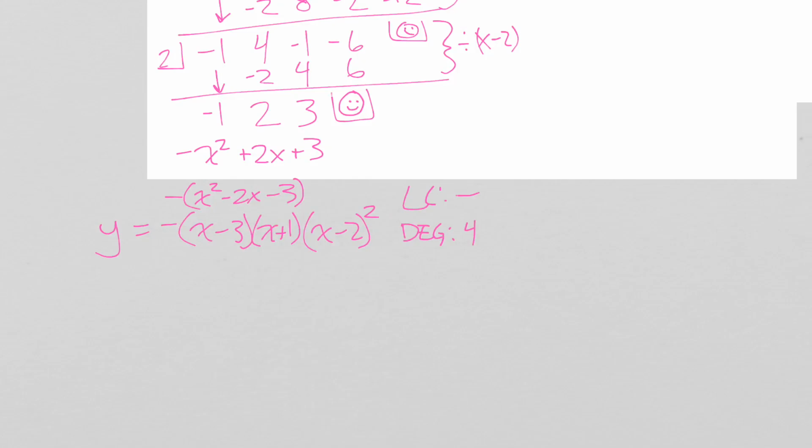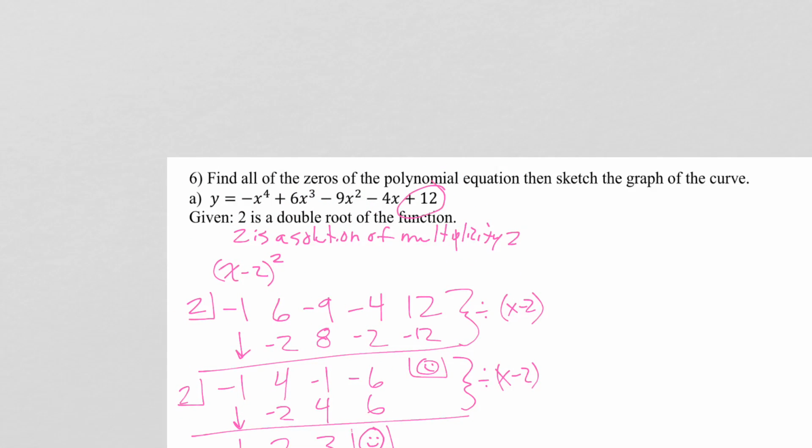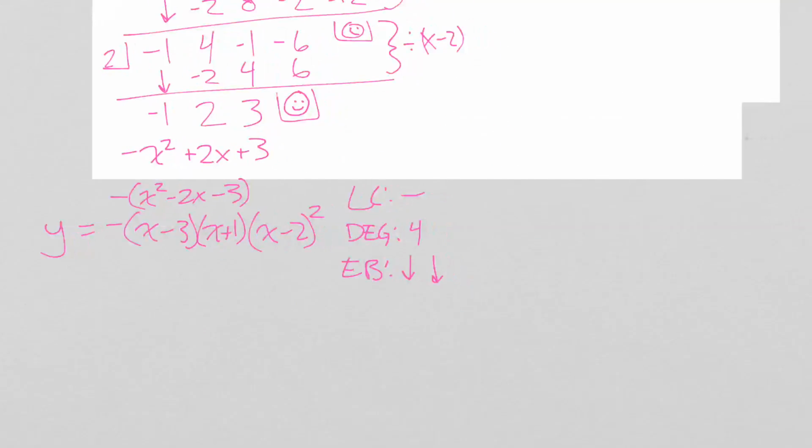If the leading coefficient is negative and the degree is 4, my end behavior will be down and down, like a negative x squared graph. Let's identify our y-intercept. Hey, look, it's right there at positive 12. So my y-intercept is at 0, 12.